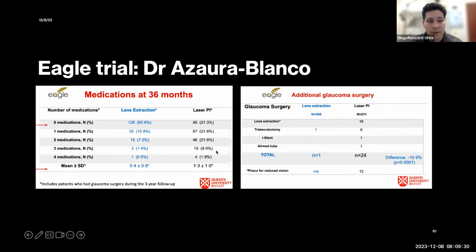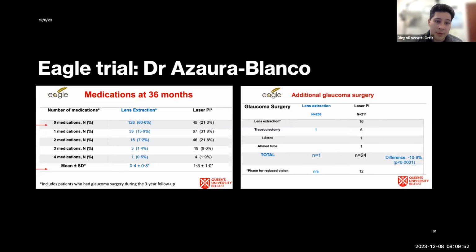Other parameters they assessed was the number of medications at the 36 months follow-up. And again, the lens extraction group performed better here with the total number of medications as a mean of 0.4 compared to laser PI, who had to use 1.3.